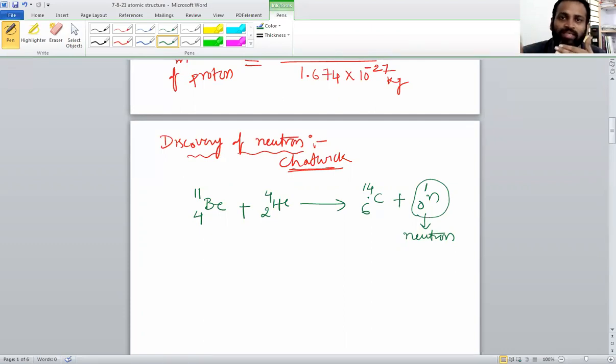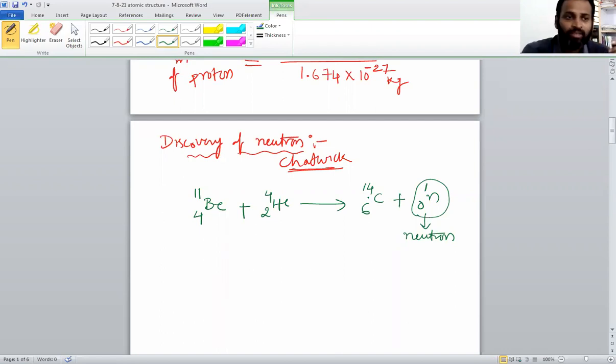Similarly, anode rays move towards the cathode, and in the presence of an external electric field, those anode rays deflect towards the external cathode. What is the meaning of that? Yes, anode rays consist of positive particles because they move towards the negative electrode. So they deflect towards anode or cathode, they meaning cathode rays and anode rays.